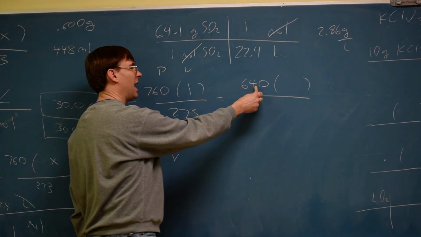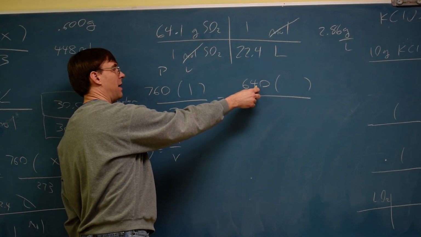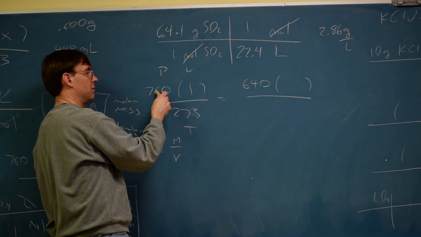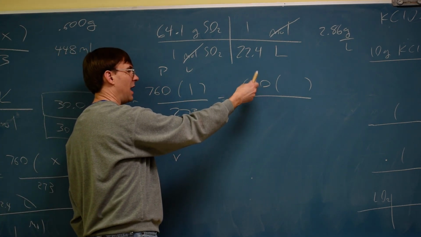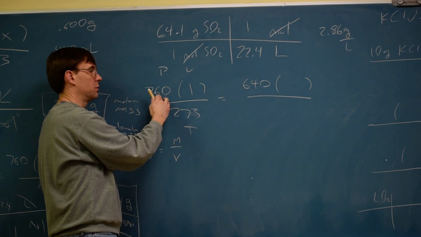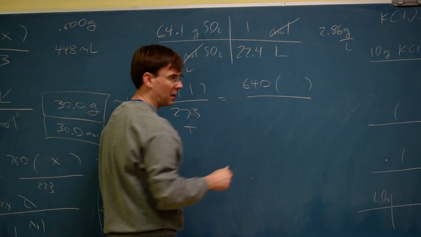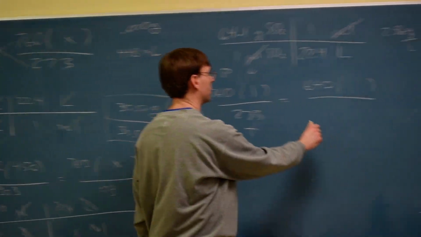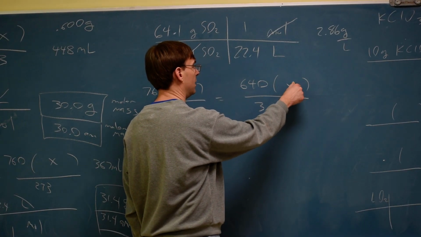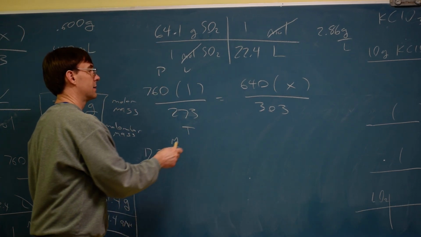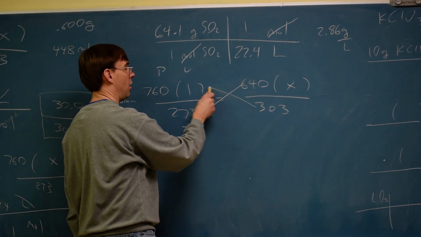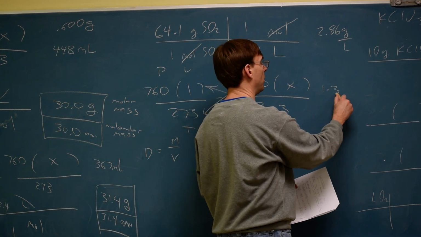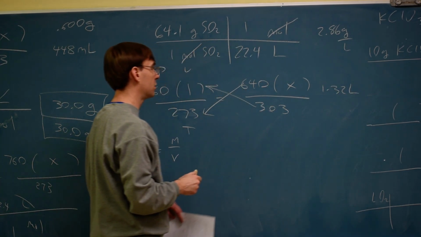If the problem didn't have torr, but it had some other unit, we wouldn't have used the 760. Okay, 640 torr, maybe do 760. But something other than torr, we have numbers from the quiz we memorize. They're telling me a temperature 30 again, so 303 again. So figure out what that is by this goes down, this comes up, and we're hoping for 1.32 liters.